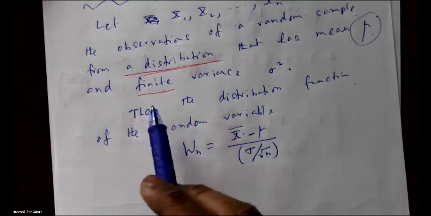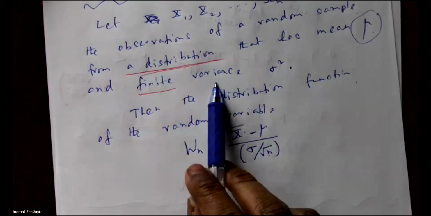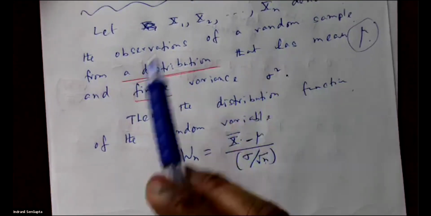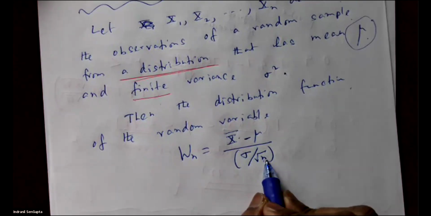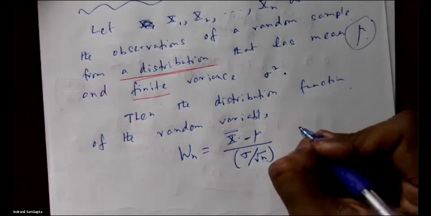Sigma is the standard deviation of the original distribution from where the samples are drawn, and n is the sample size.